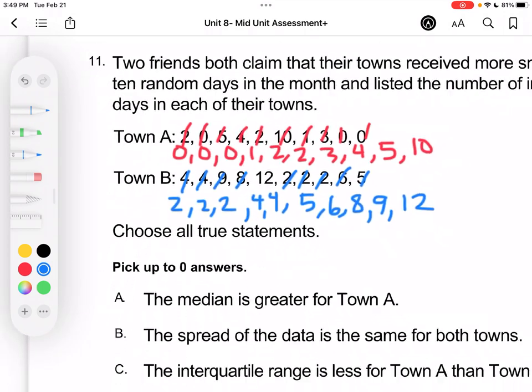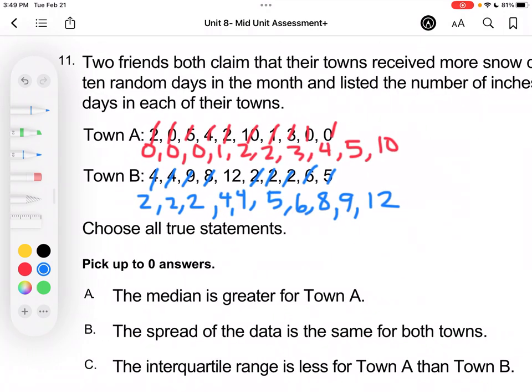Okay, I've got 10 numbers. So it says the median is greater for town A. So let's check 1, 2, 3. This would be 4.5. And that's not true because it's greater for town B.